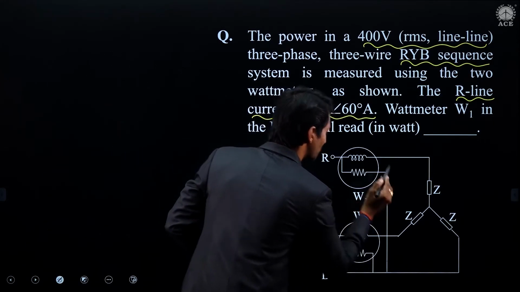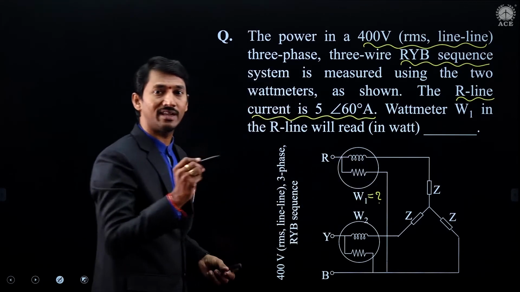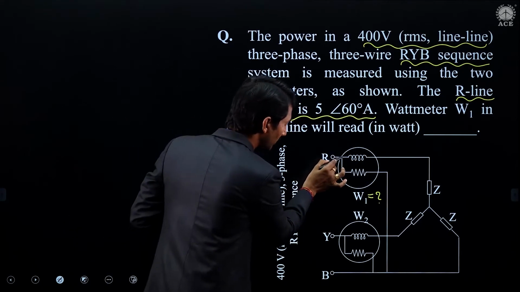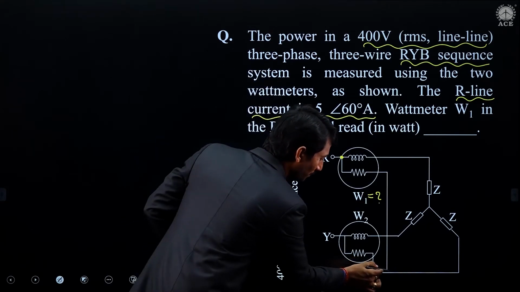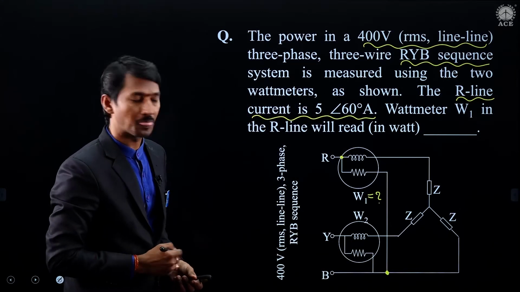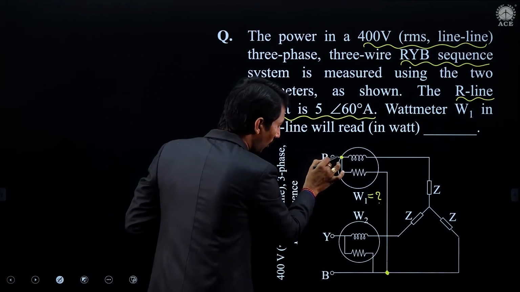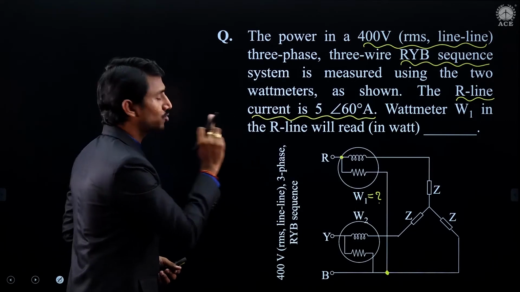This is the question. Now this W1 is connected between, concentrate, the potential coil from R to B, and the current coil is connected in IR. Those two observations are required to solve this question.